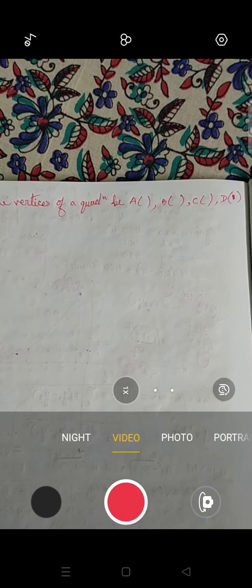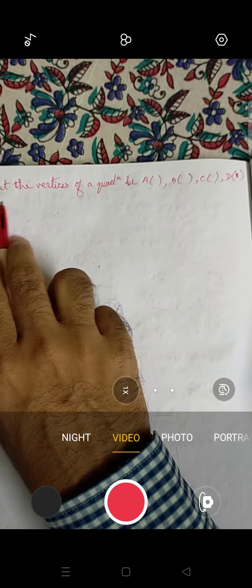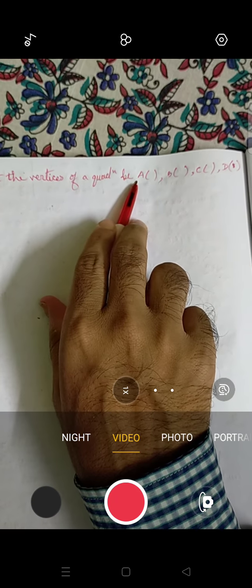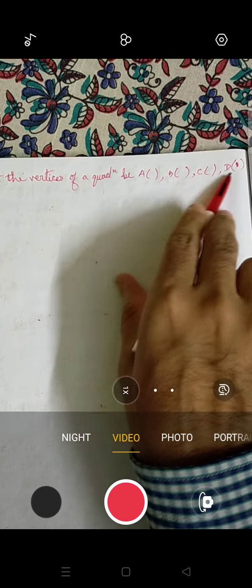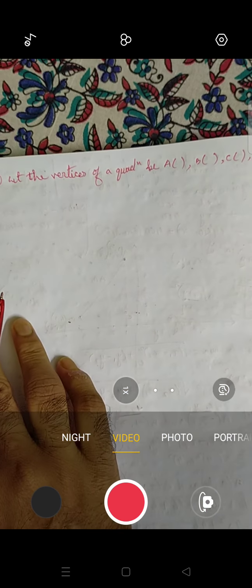Is it clear to everyone? Let the vertices of the quadrilateral be A, B, C and D with their coordinates. Okay?